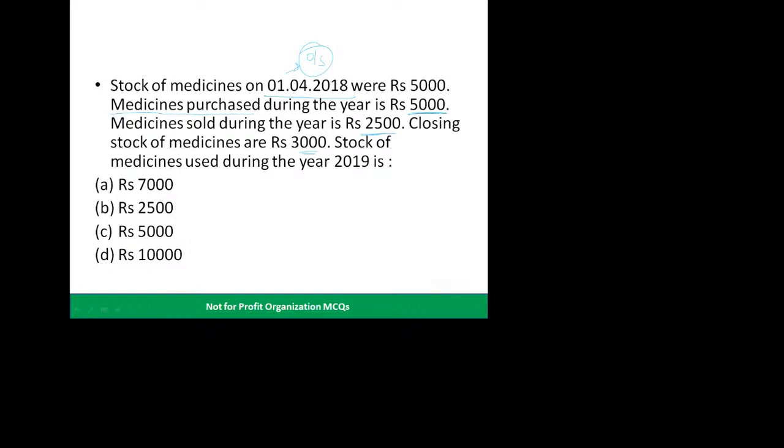So what is the stock used? The formula is opening stock plus purchases minus used minus sales is equal to closing stock. Now try to understand.